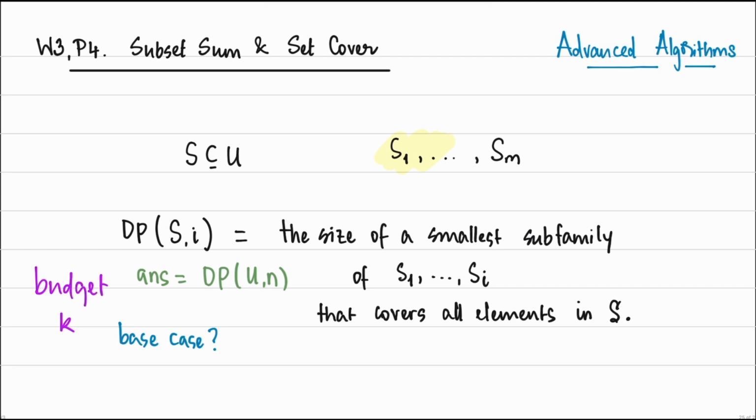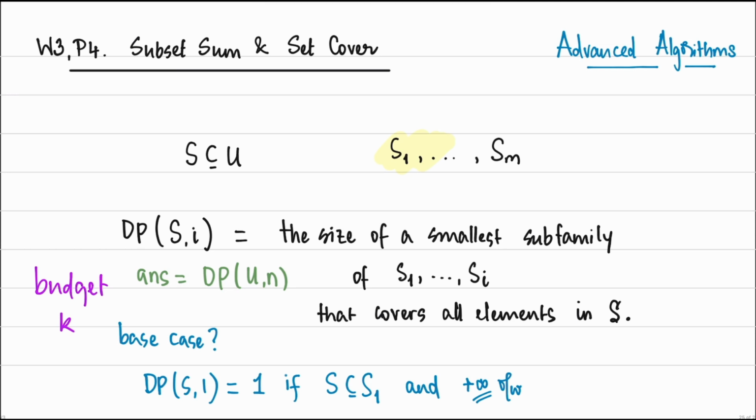So dp of S comma 1 is going to be 1 if S is a subset of S1, and we are going to say that it's plus infinity otherwise. The plus infinity value is just to say that this was not feasible. It's not feasible to cover something that is larger than S1 using only S1, right? So that's our base case, and I think you'll agree that that's fairly intuitive.